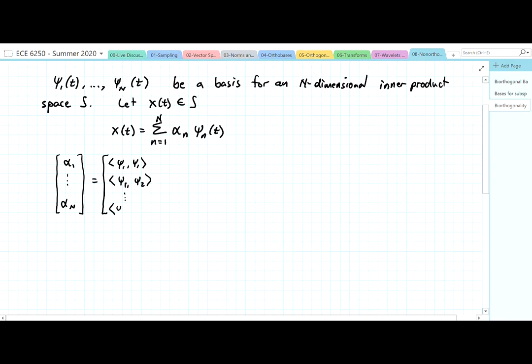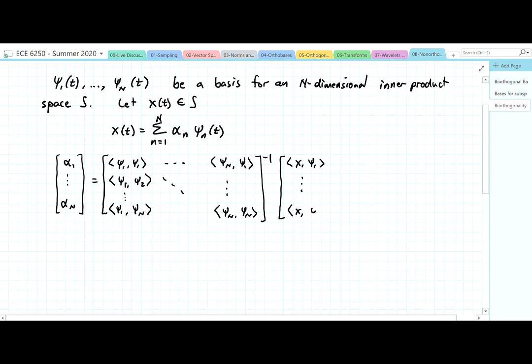Writing this out is a little bit tedious, but we've run across this before: psi 1 psi 1 down to psi N psi N. We take the inverse of that matrix, then multiply it by the inner product of x with the respective basis functions.